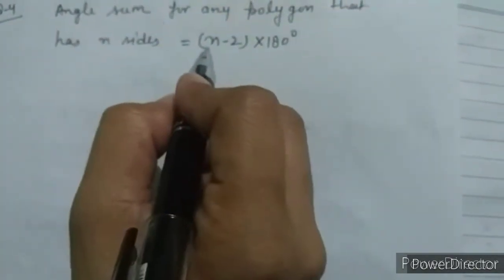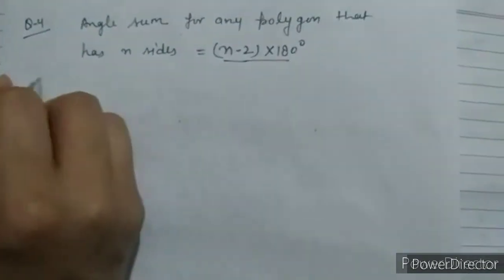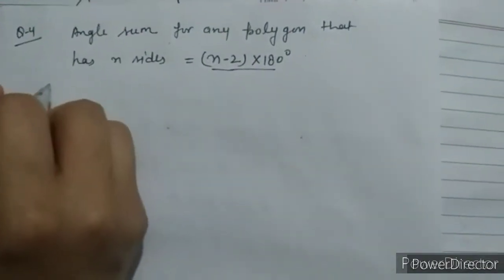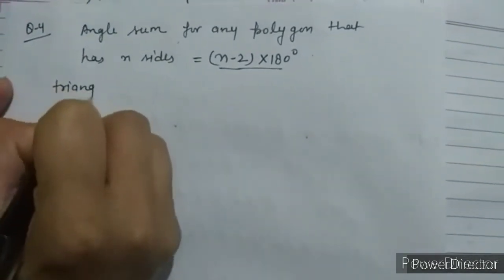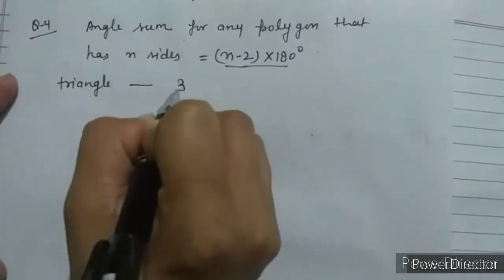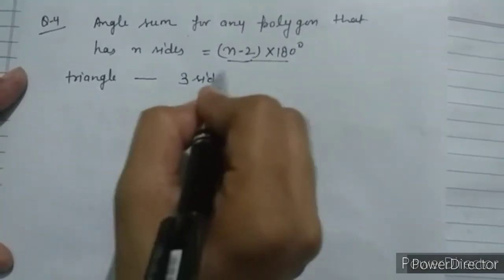And we can cross check this formula by taking one example, that is triangle, and triangle has 3 sides, so we can verify this formula.